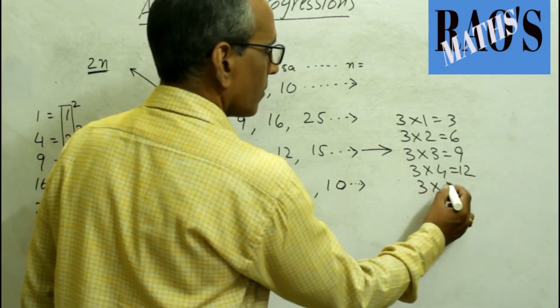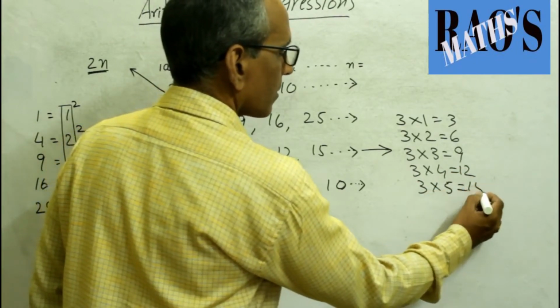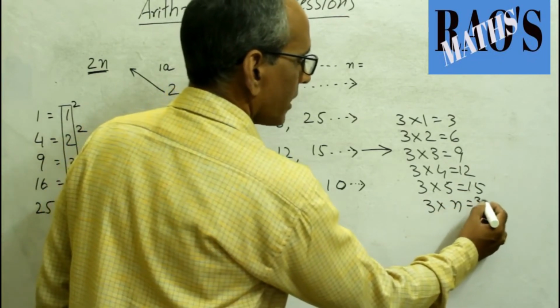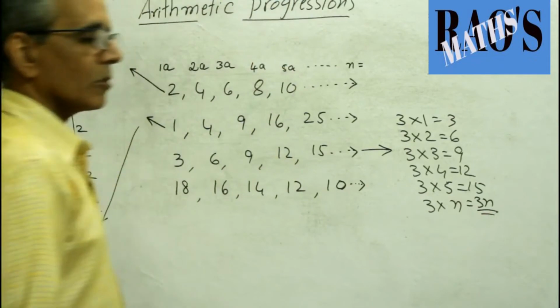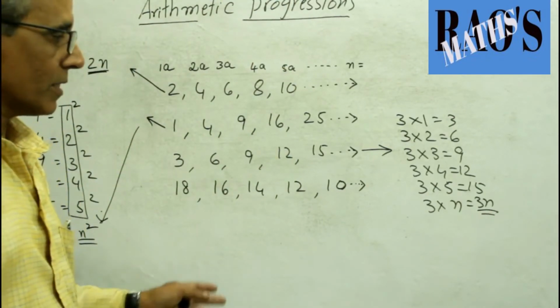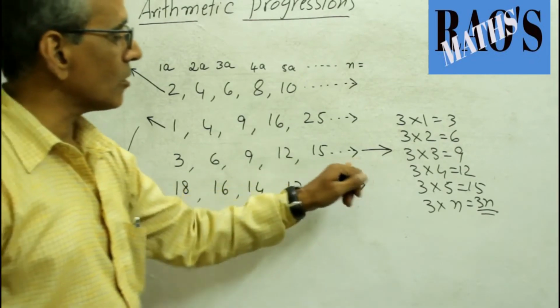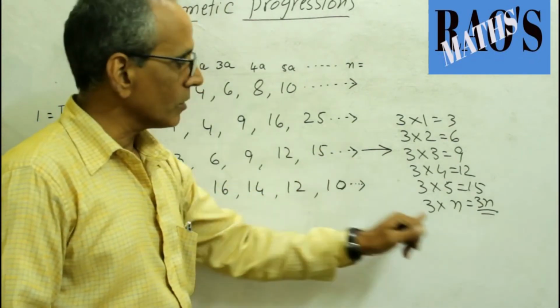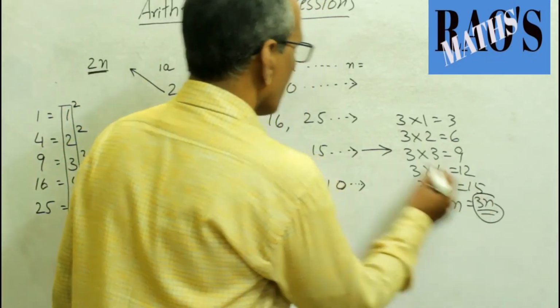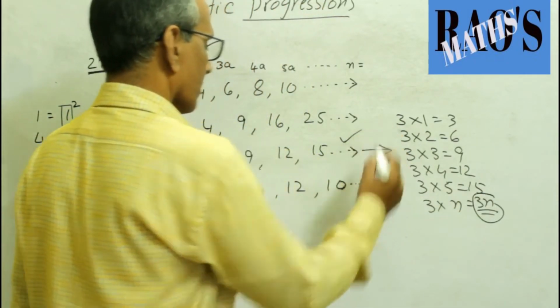Fifth multiple of 3, that is 15. What is the nth multiple of 3? 3n. See how simple it is to derive a rule for a sequence of numbers. So what is the 10th term in the series now, or 10th value? 10 into 3, 30. So 3n is the rule for this sequence.